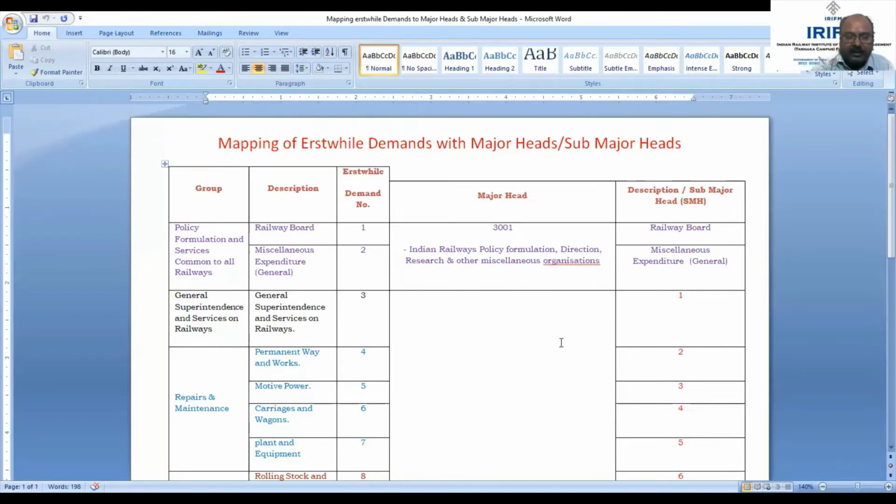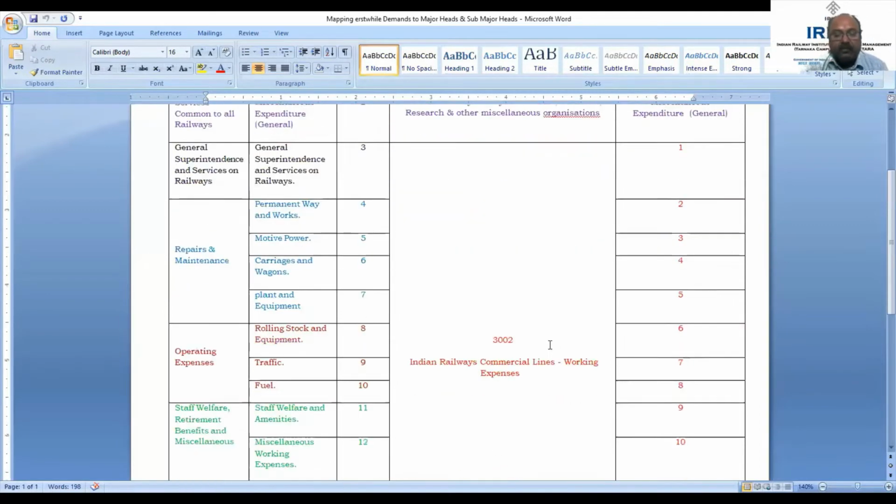Demand number 1 and 2 are the policy formulation and services common to all railways. This is one group. Demand number 3 is one group, that is general superintendence and services on zonal railways. And 4, 5, 6, 7 is the group repairs and maintenance of all the assets. The operating expenses group is rolling stock, traffic, fuel.